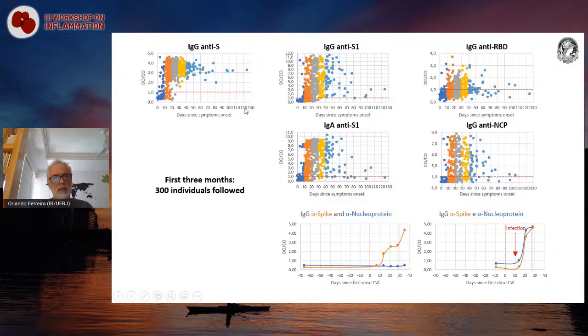This is initial data with 4 months follow-up of some individuals, and you see that the level doesn't fall. But when we use the S1 part of the spike protein, you see a similar kinetic as the trimeric protein. It's a little bit delayed in the detection, but the antibody tends to fall with time.